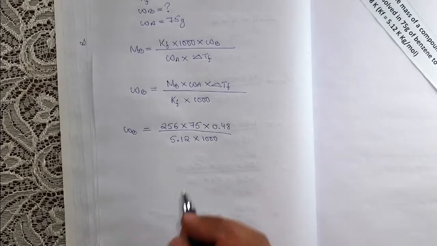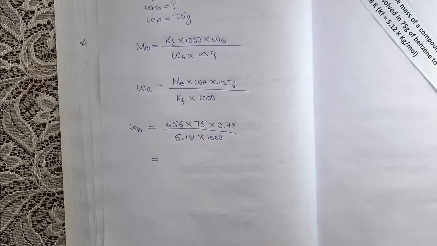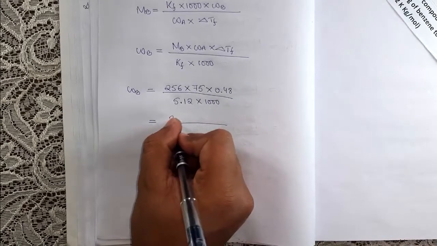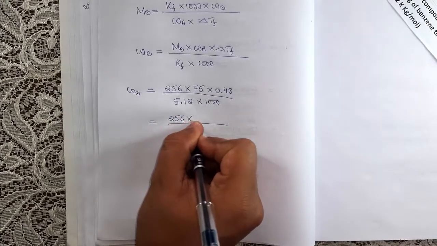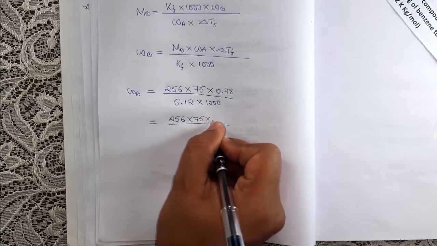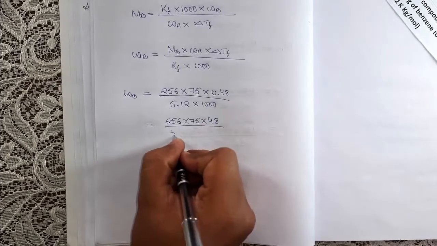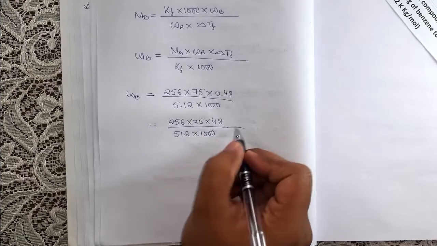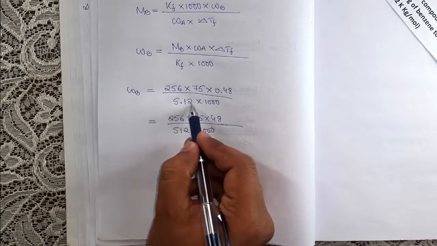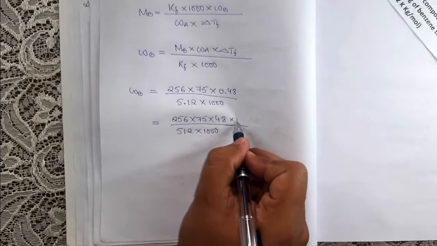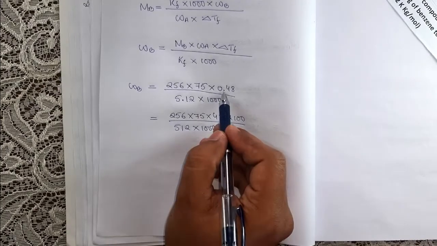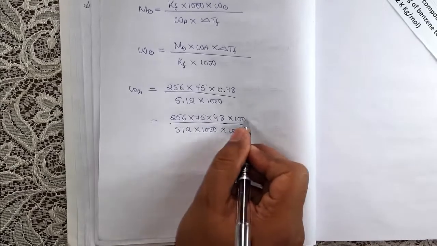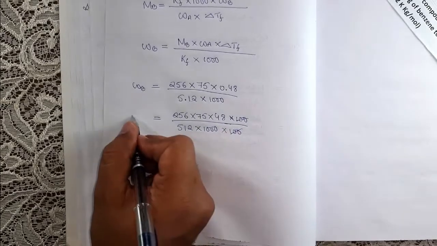So always remember it's better to remove the points. After the point we have 2 digits out here, so I'll put 2 zeros above, and after the point I have 2 digits as well, so I'll put 2 zeros below. So I can cancel this one. So these are our values.